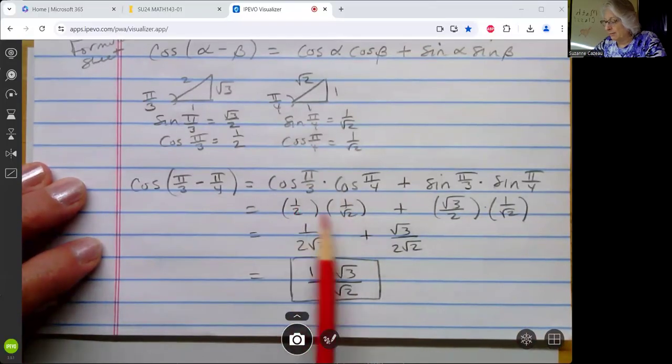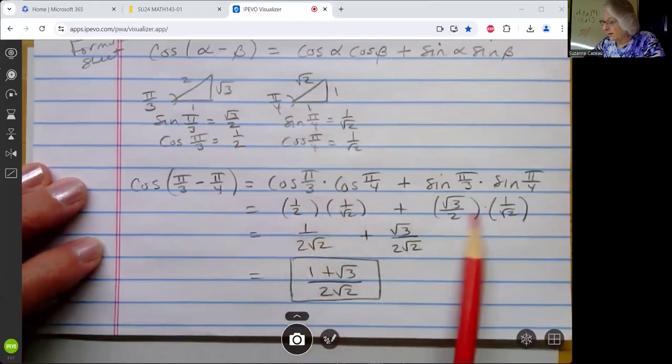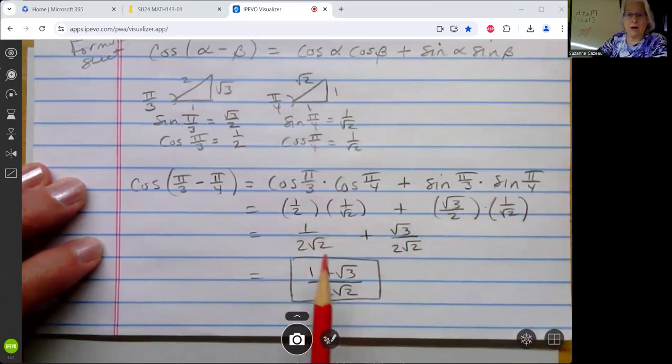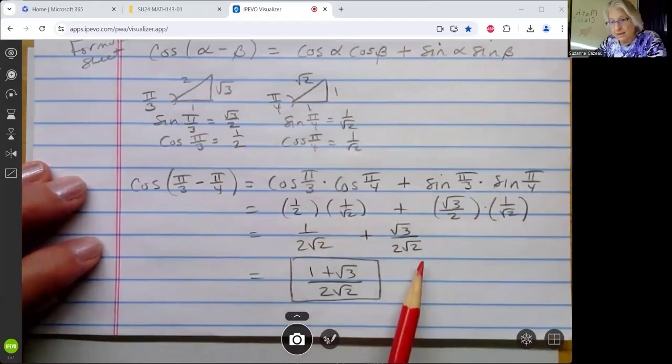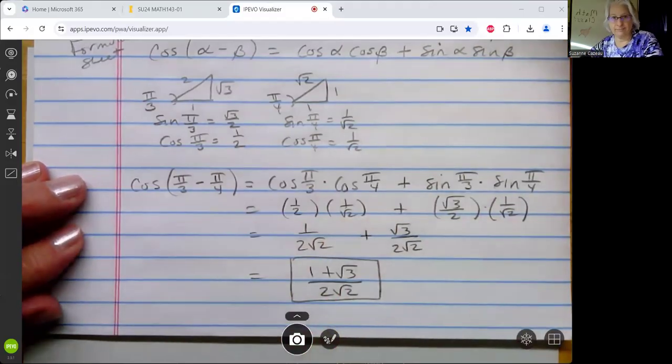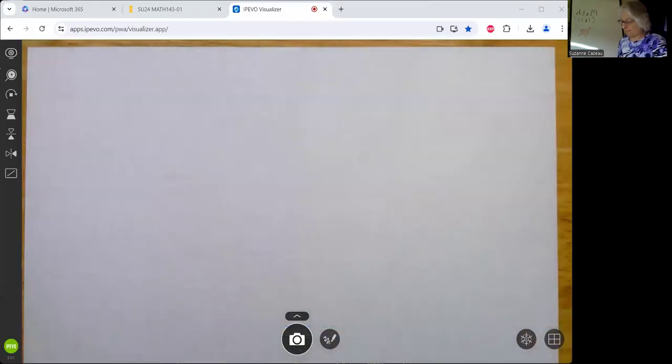This is 2 times root 2 in the denominator. 1 times 1 is 1. And root 3 times 1 is root 3. Now, they have the same denominator, so just write it as one fraction. This is 1 plus root 3 divided by 2 root 2. And that's that. Number 13.